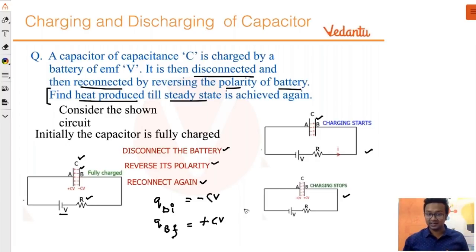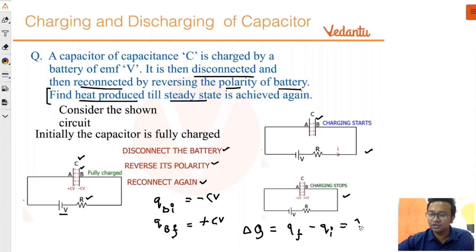So, my dear students, tell me something, how much charge has to be pumped by the cell in order to gain this particular configuration? The charge provided by the battery will be the charge final minus the charge initial. That is equal to 2CV. So 2CV amount of charge has been pumped by the cell into the circuit after the reversing has taken place.